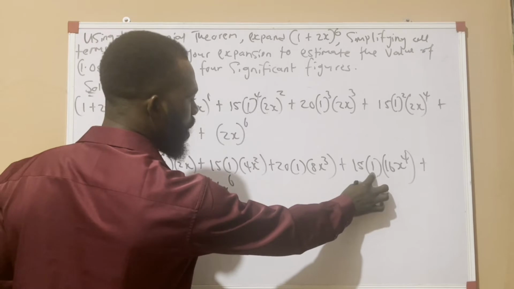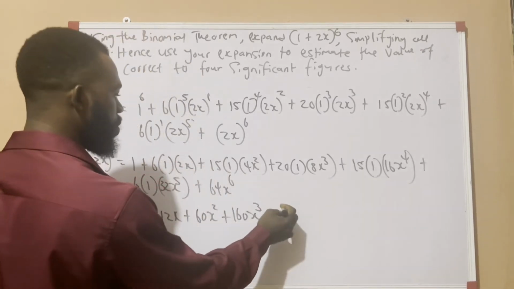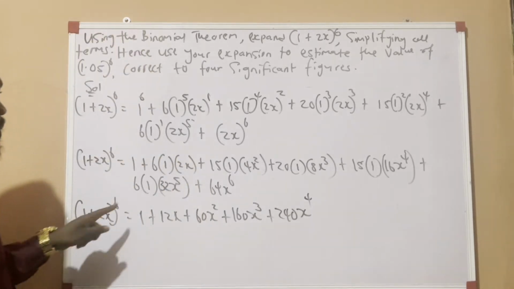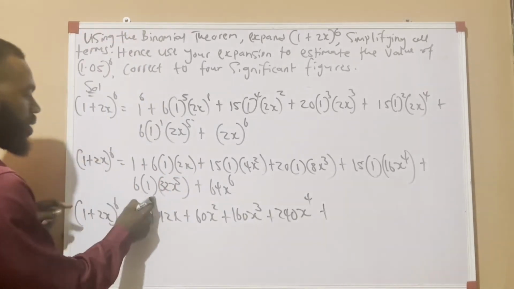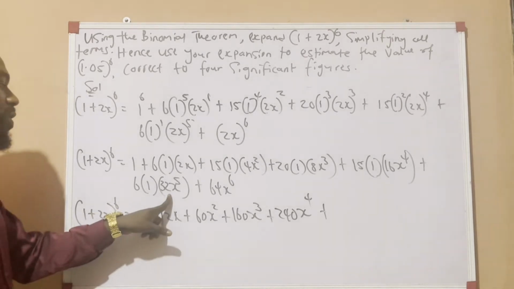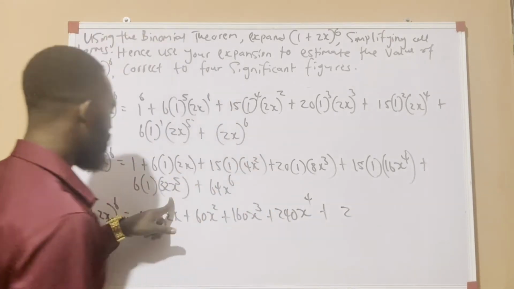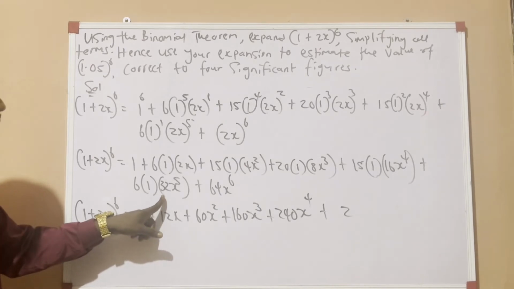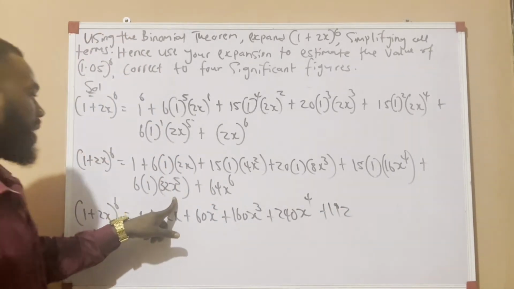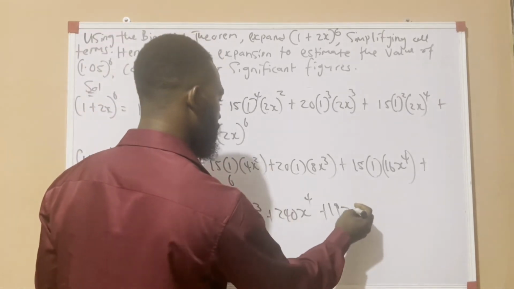Sorry, so 15 times 1 is 15, and 15 times 16 gives us 240x raised to the power 4. Plus, now 6 times 1 gives us 6, and 6 times 32: 6 times 2 is 12, put down 2, carry 1. 6 times 3 is 18, 18 plus 1 is 19. So I have 192x raised to the power 5.